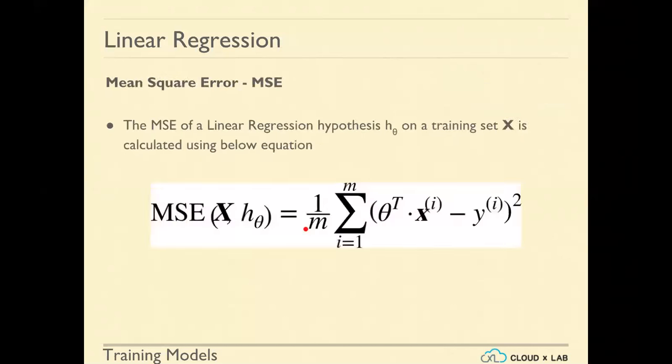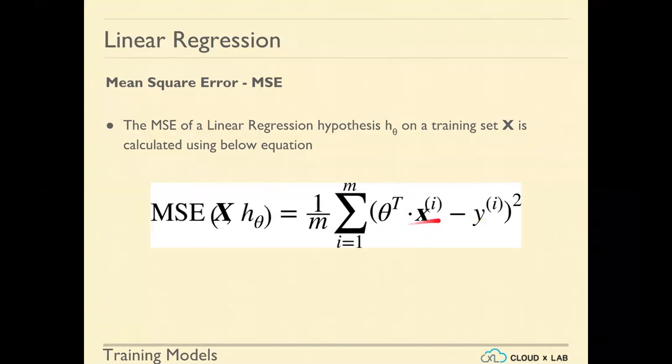Finally, the MSE is a sum over every record. For the assumed value of thetas, we multiply by xi, the ith feature vector, and we subtract this for each record.